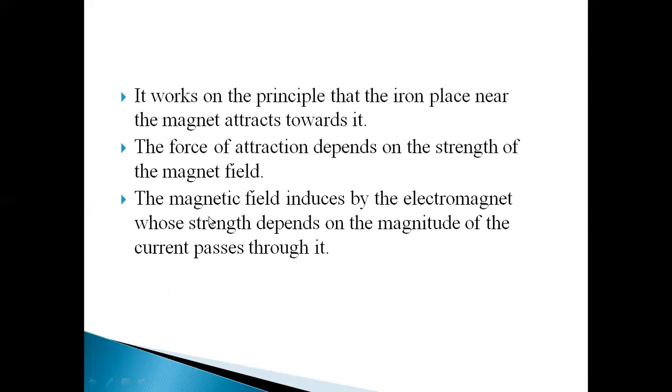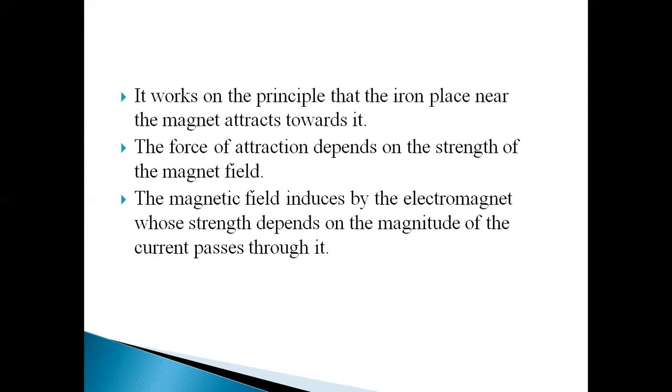The magnetic field is induced by the electromagnet whose strength depends upon the magnitude of the current passing through it. So as the field strength decreases, the force between the iron particle and the magnetic bar will decrease.